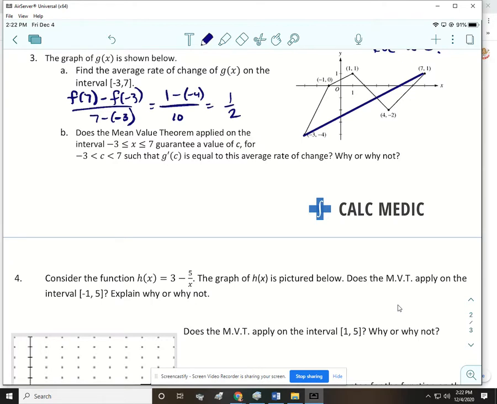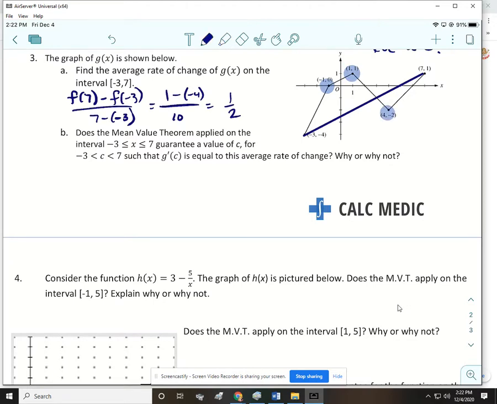All right, for B, does the mean value theorem applied on that closed interval guarantee a value c such that g prime of c is equal to this average rate of change? So this function is continuous on that interval, but it's not differentiable at a couple of points. It's not differentiable anywhere where there is a sharp turn.